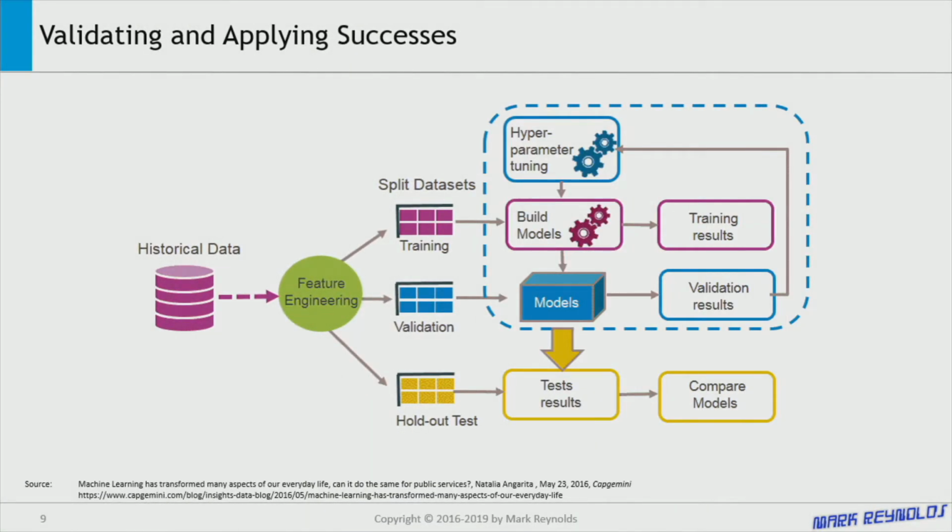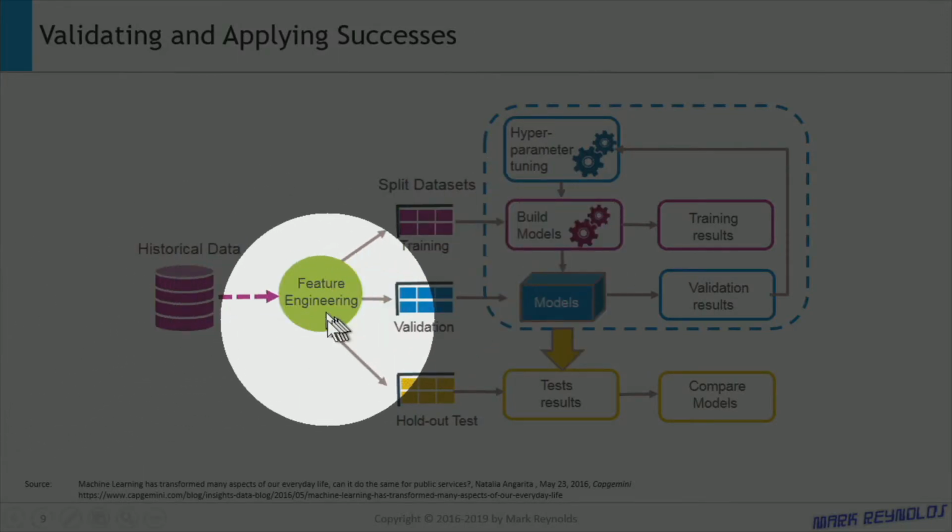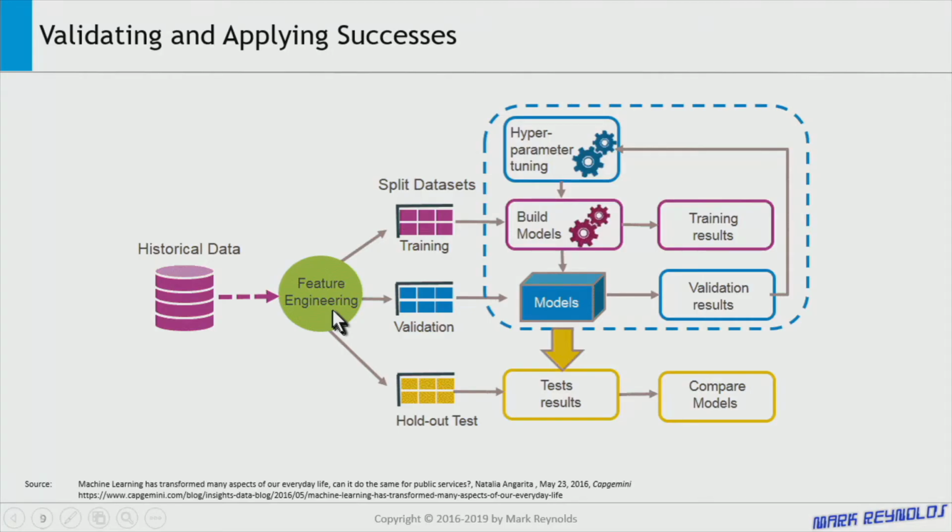Look at it a different way. You go in, you look at your historical data. Let me pause here for a moment. When I first started writing software, I was using dBase, and we had files which were tables, and we had records which were rows, and we had fields which were columns.